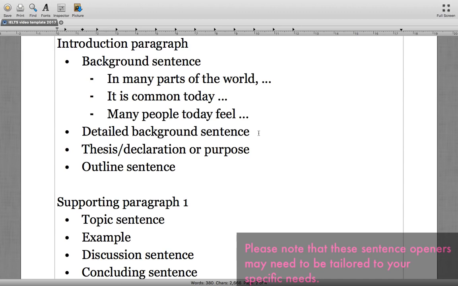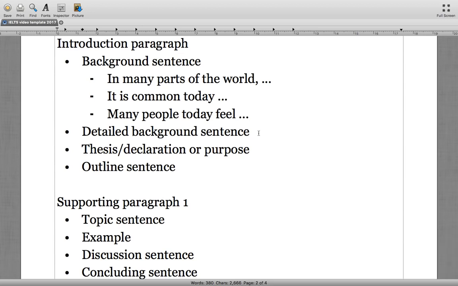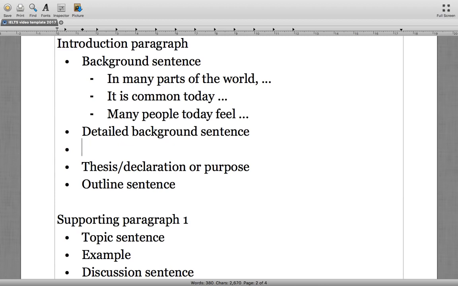Now the detailed background sentence should flow naturally from the background sentence, and it should work to sort of narrow the topic further so that the reader really does know specifically what you're going to be talking about in the essay. So these sentences typically have the word "this" in them somewhere, not always, but I mean it's a very easy way to connect it to the sentence prior.